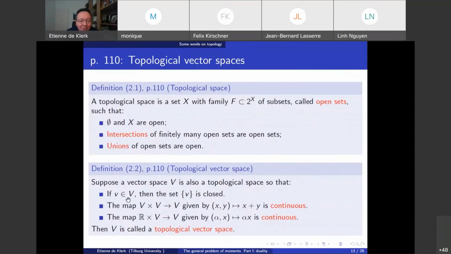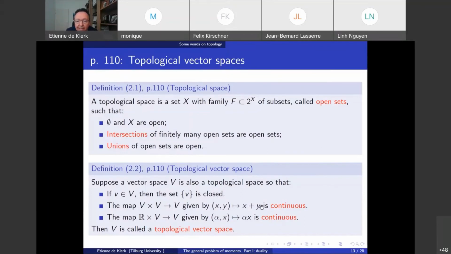Okay, so basically, I'm talking about the topological vector spaces. We have a vector space, and we require that there's a topology on this vector space with the properties that the singleton is a closed set, so it's a complement of an open set, and that these two functions are continuous.